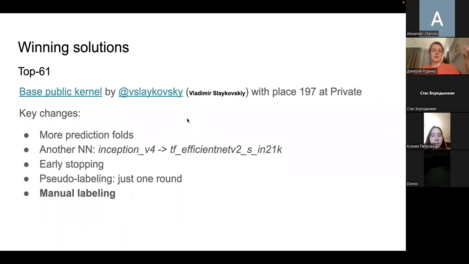So let's start from the bottom. Our solution was mainly based on Vladimir Slaykovsky's public kernel. I also asked him to join us today, so if you've seen him in chat, you can ask him a lot of questions about it. But the main idea was the following.